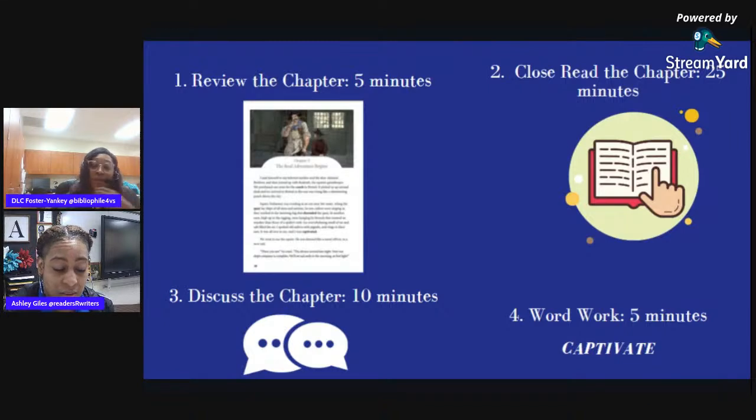I'm just wondering, what are we looking for? Because I think we're assessing 2 things: determine or clarify the meaning of descriptive words and phrases. That's one. Then also identify figurative language that helps create a believable plot and interesting characters.